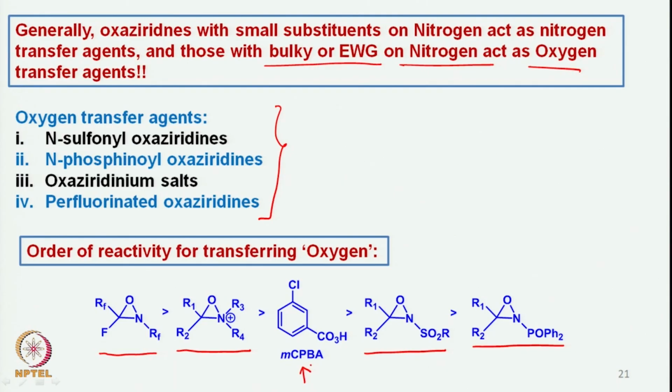It has been found that the perfluorinated oxaziridines react very fast, then you have the corresponding oxaziridinium salts, which are more reactive than metachloroperbenzoic acid, which is then more reactive than the corresponding sulfonyl type of oxaziridine, and then the phosphinoyl type of oxaziridines are less reactive than the sulfonyl type.